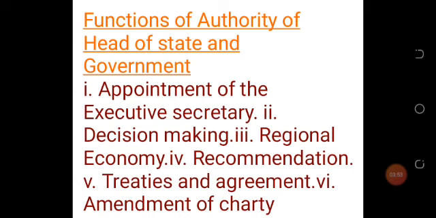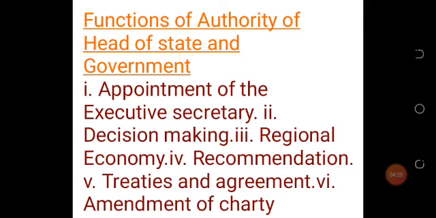For instance, who becomes the executive secretary of this body is recommended by the Council of Ministers, but will be approved by the Authority of Head of State and Government. So they approve recommendations from other organs of this organization. Then let's look at another function of this organ, treaties and agreements.